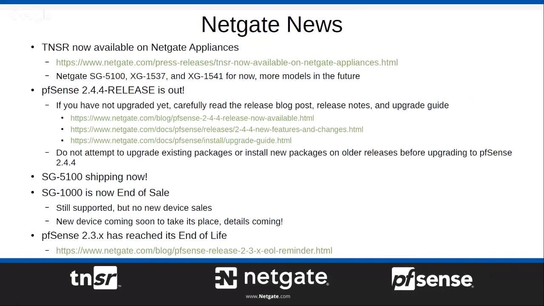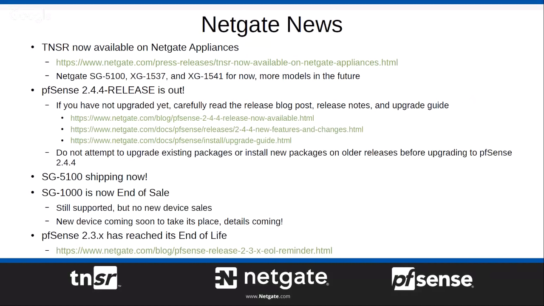Really get in there and read and look at all the issues and all the notes we've made and look for things that might apply to you, and also look for gotchas, and there are resolutions in there for all that stuff too. So just a lot to be aware of because of the operating system change. We moved to FreeBSD 11.2, and the PHP 7.2 change was a huge change as well, all under the hood stuff, but there are a lot of things there that you need to watch out for.